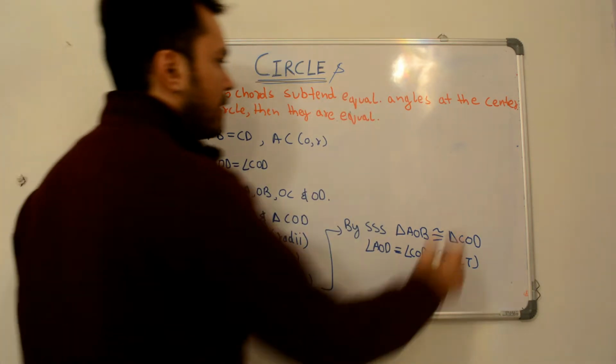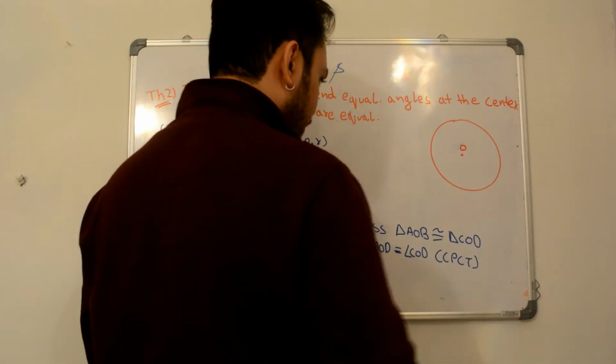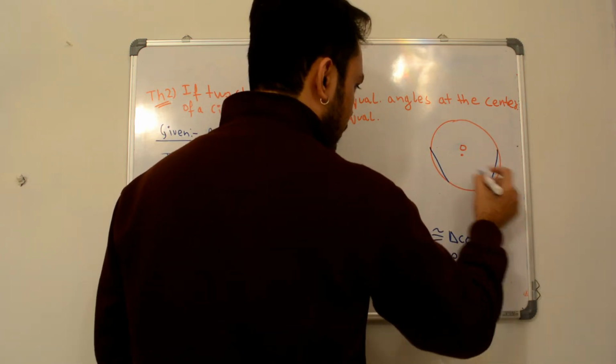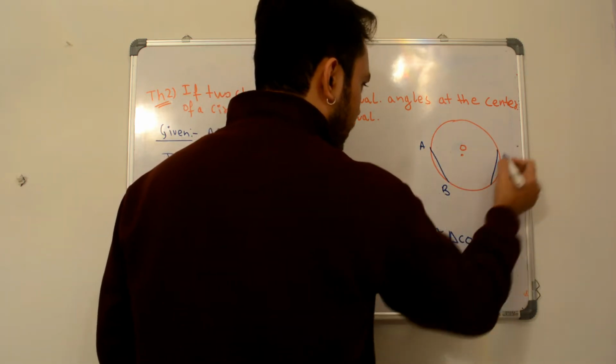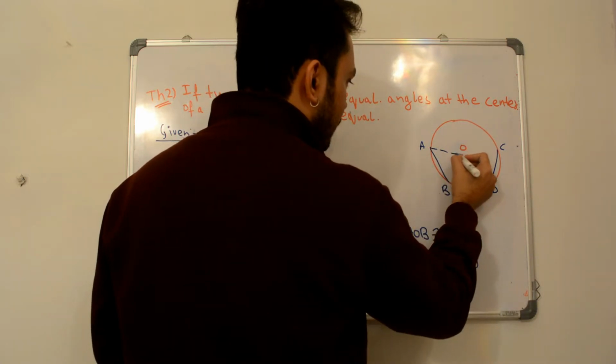Right? Again, let us make a diagram. A circle with center O, two chords AB and CD. The diagram will be almost the same, right?